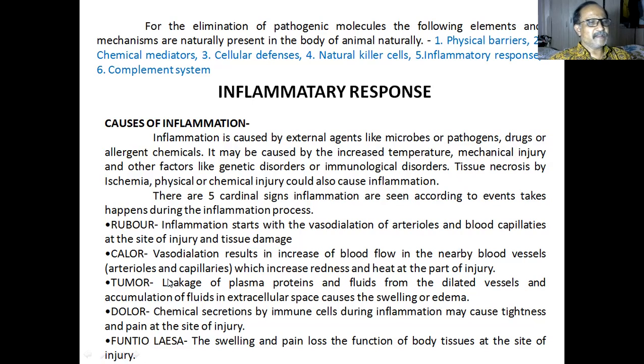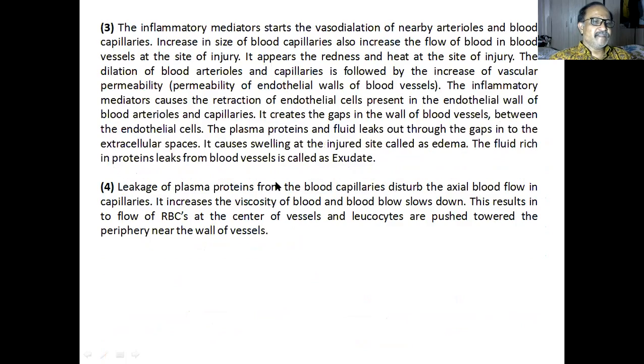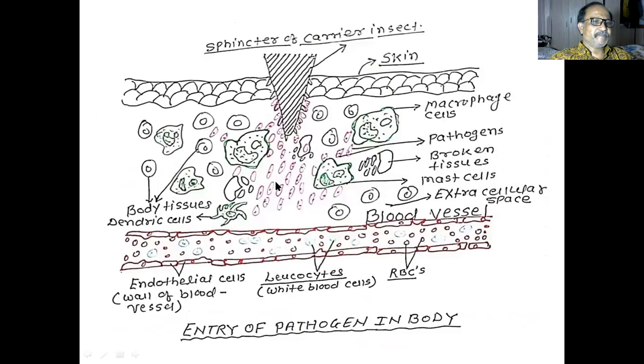We will see these signs after understanding the whole mechanism. Now the mechanism of inflammation. See this diagram. This is the first diagram, entry of pathogen in the body.